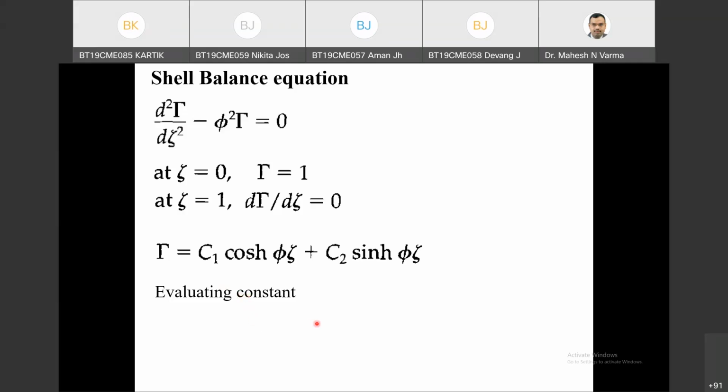Sir, I'm calculating, it's complicated. So evaluate and substitute. If anybody is getting the value of C1, write it in the chat box.